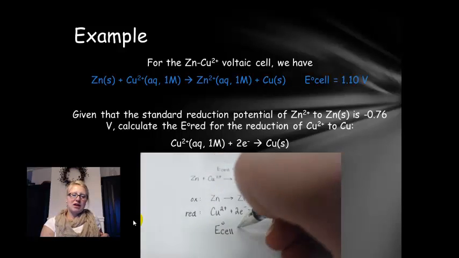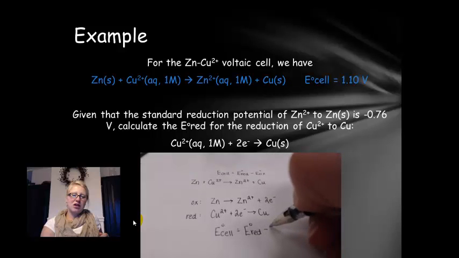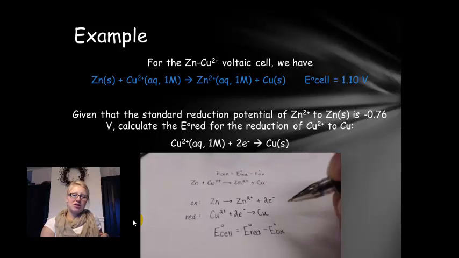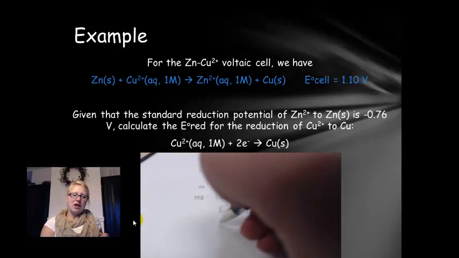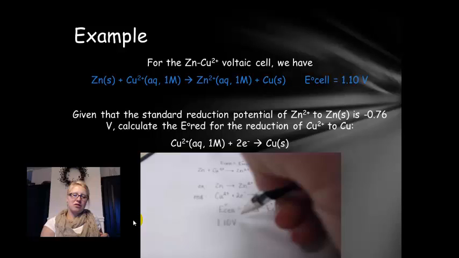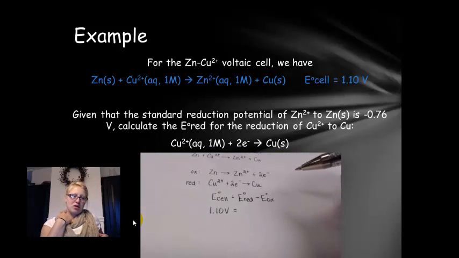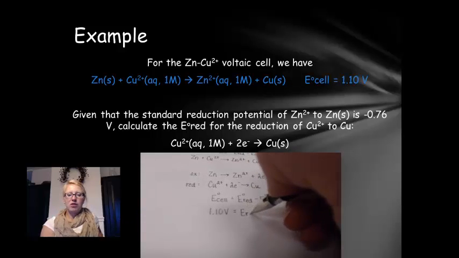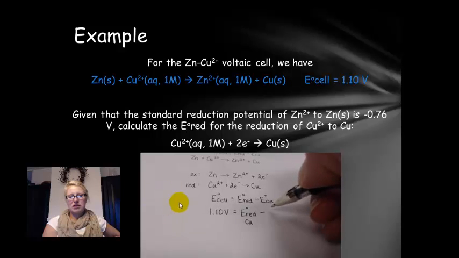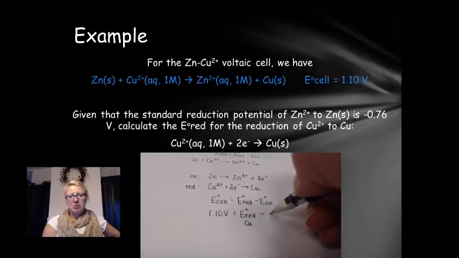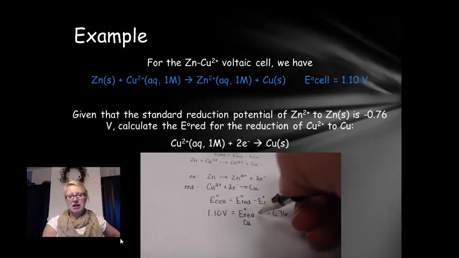So if E cell is equal to E red, or E of the reduction, minus E of the oxidation, we know they give us the E cell, 1.10 volts. We don't know the E of the reduction, the potential of this reduction of copper, but we do know the E of the oxidation because zinc is being oxidized.